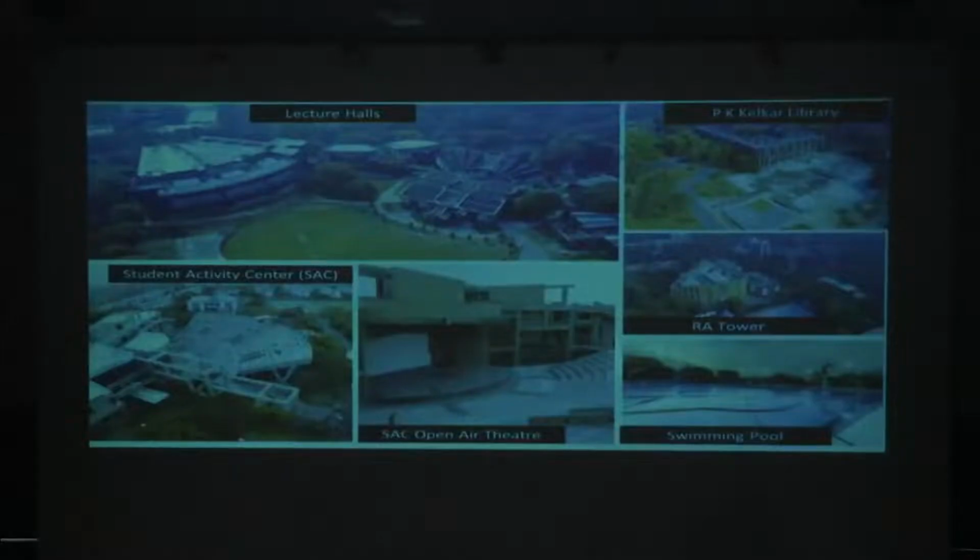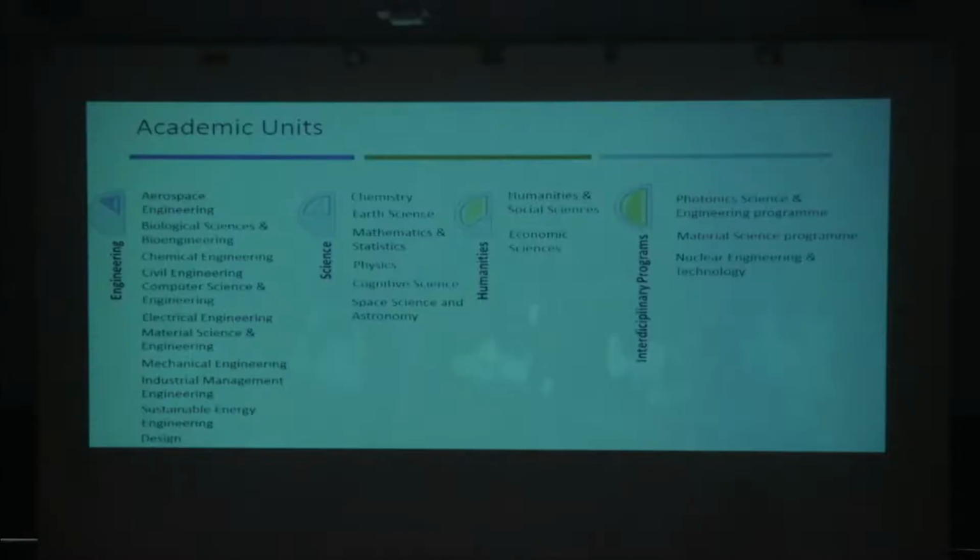We have some excellent infrastructure facilities in the institute in terms of the library, the student activity center, the swimming pool, the lecture halls, and I'm sure the Dean of Student Affairs will give more information on this. So I don't want to spend time on this. We have 19 academic departments and a few interdisciplinary programs.